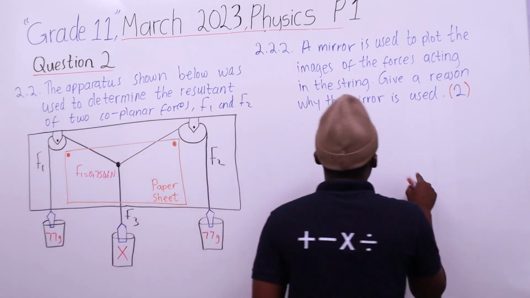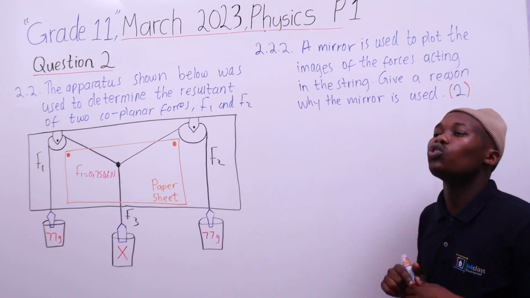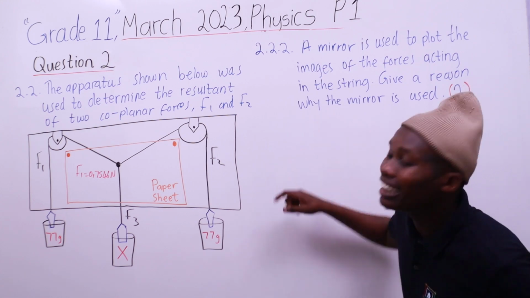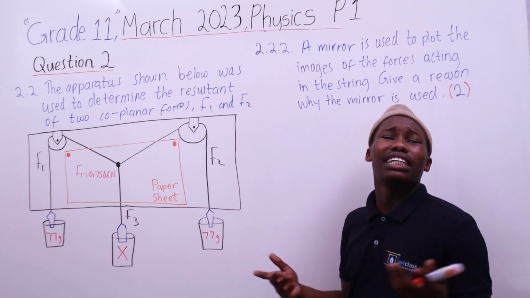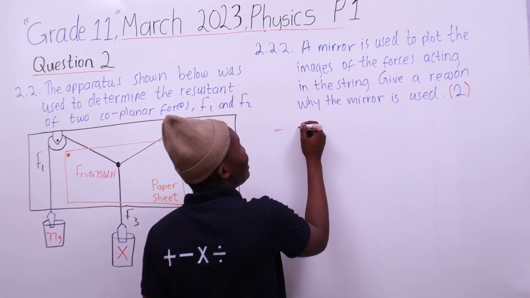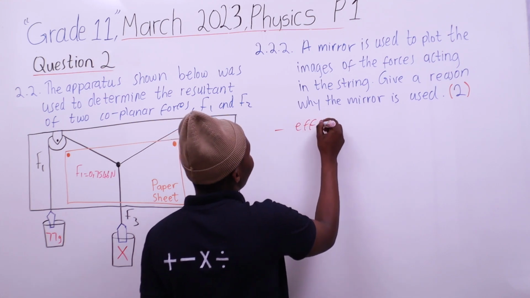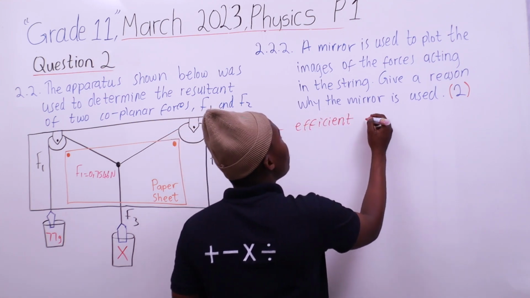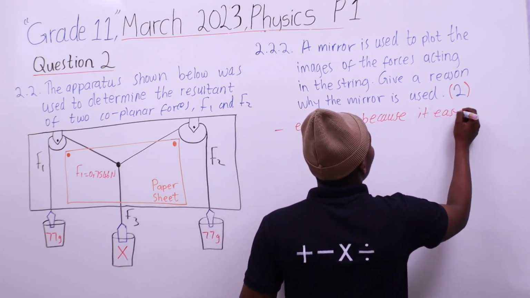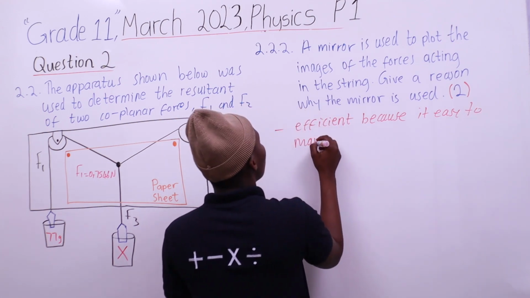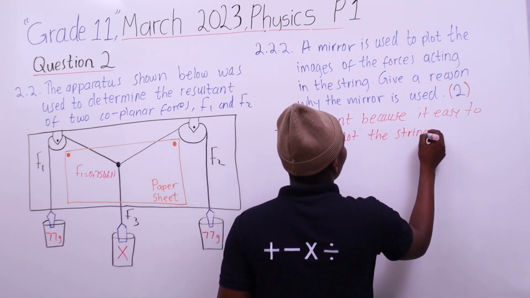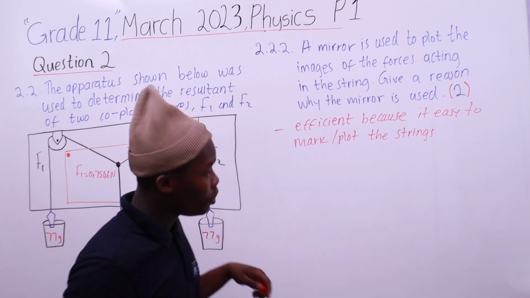Alright, so why is the mirror used? If there is a mirror they will be able to mark the strings, they will be able to see clearly at the back in the mirror because it will make a reflection of course. So when they use mirrors, it is efficient because it's easy to mark or plot the strings. Isn't it? Measuring this.